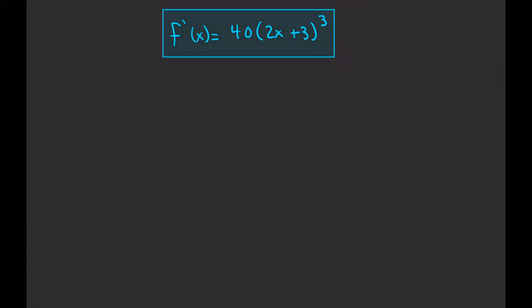And now basically just to find increasing and decreasing, we're just going to set up two inequalities. I'll write this out fully. F prime of x greater than 0, f prime of x less than 0. F prime of x, I have a formula for it. We just found it. 40 times (2x plus 3) cubed greater than 0.